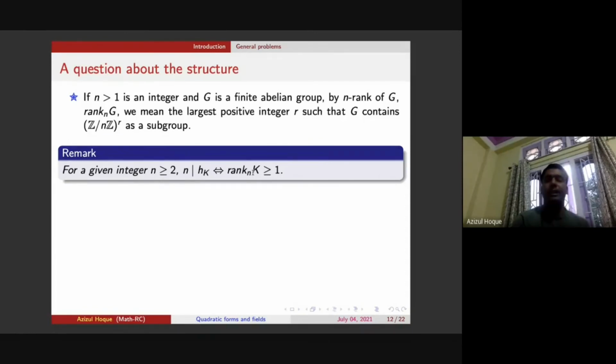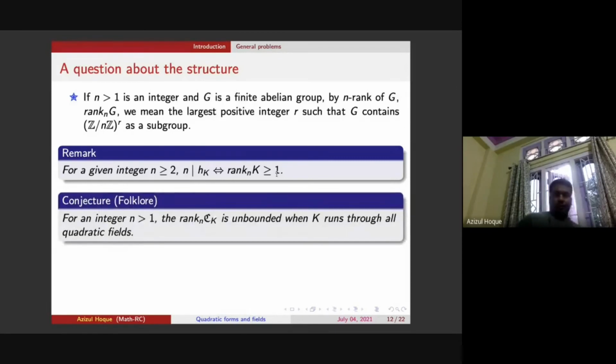So there is a conjecture, widely believed to be true, that the rank is unbounded when K runs through all the quadratic fields. In fact, a similar kind of conjecture can be posed for any number field.